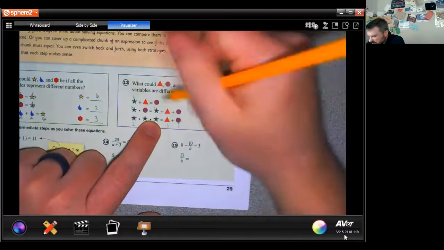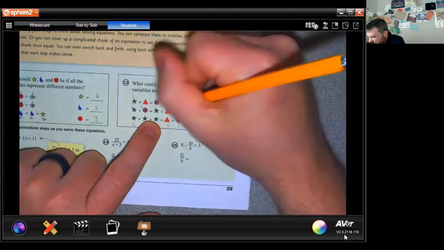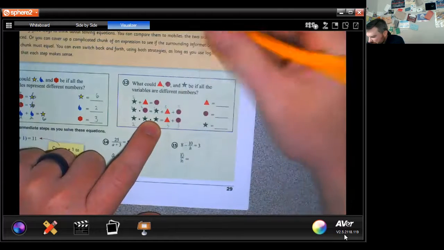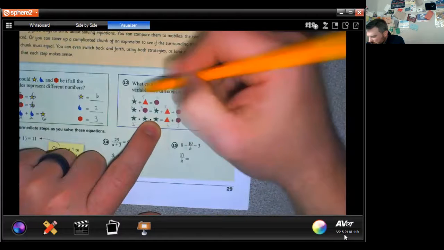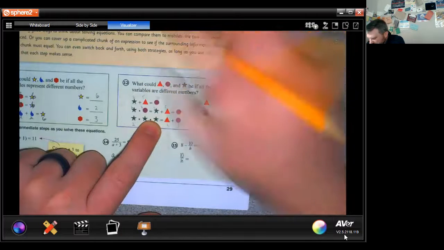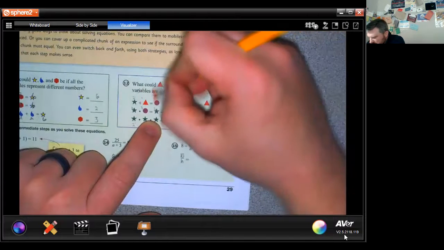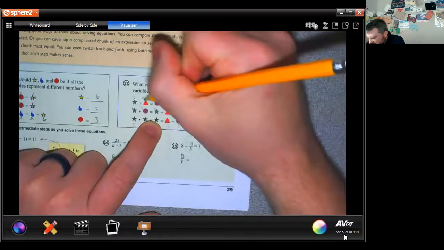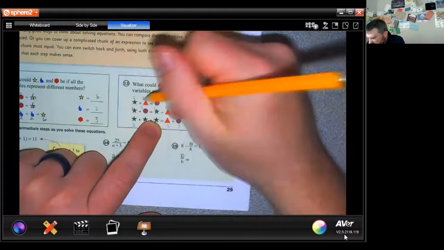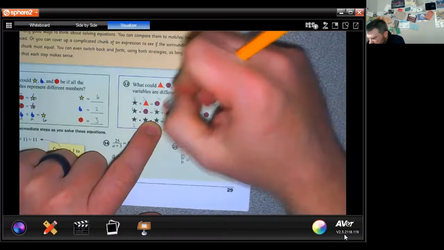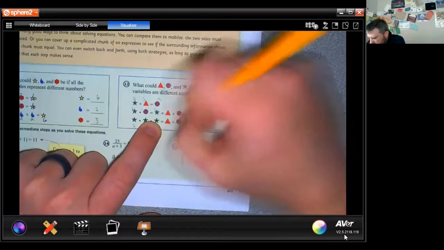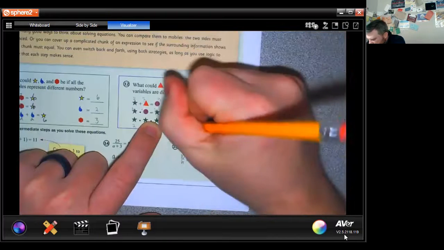So this is 5 and 3. Well, 2 plus 5 does not equal 3. So maybe I've got to switch those to a 3 and a 5. So 2 plus 3 is 5. So I've got to switch these. So circle maybe 5, triangle 3.